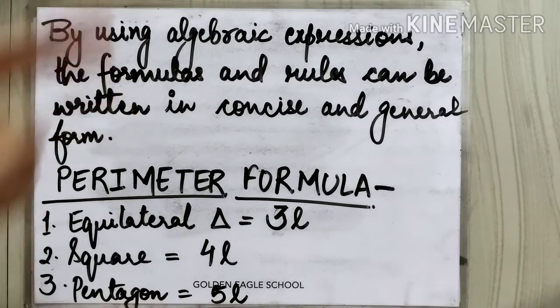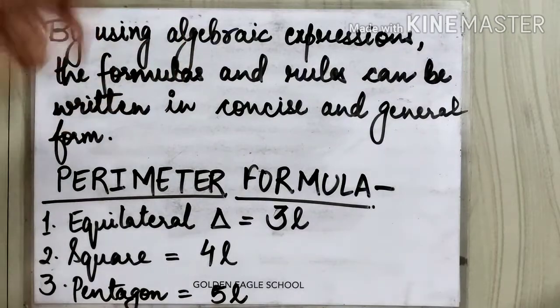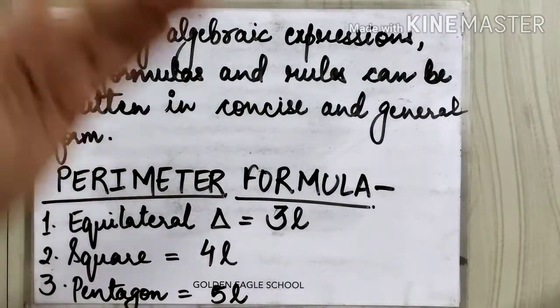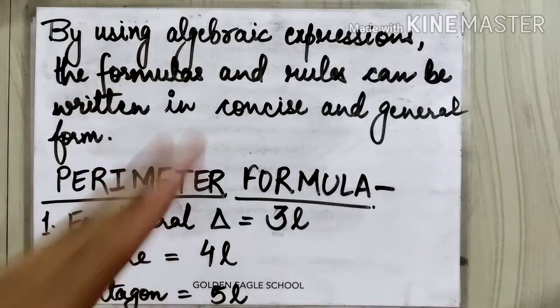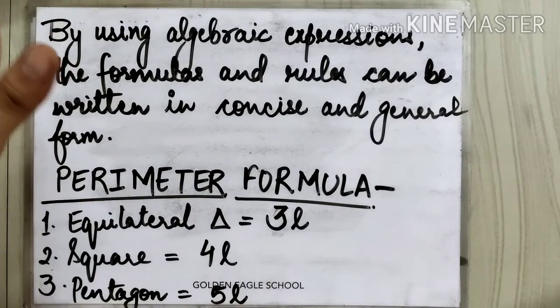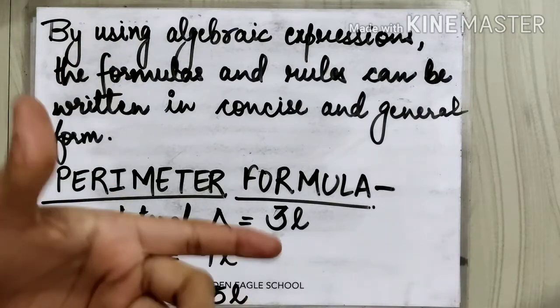We have observed this earlier also. For example, if we want to find the area of a square, we write side into side, that is side square. So we can write by using algebraic expressions in a concise form, means simpler form.